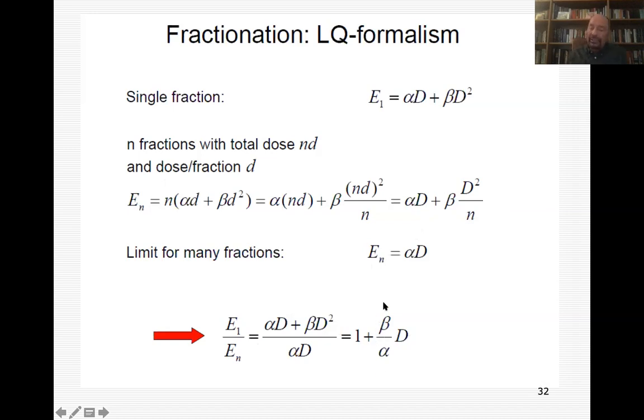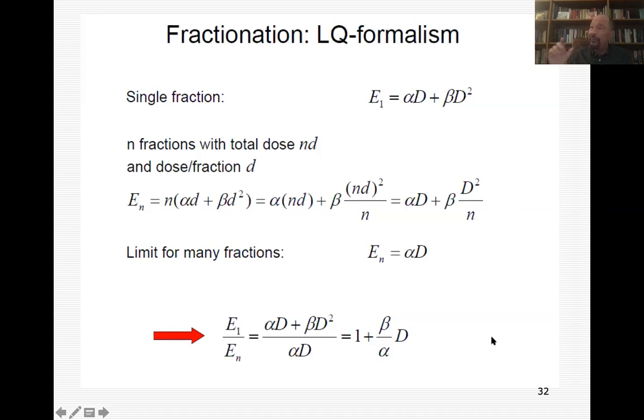So you see how important the alpha beta ratio is. Because if the alpha beta ratio is extremely high, or extremely low, the situation will be completely different. If alpha beta is very high, beta over alpha goes to 0, and then there is no difference between E1 and En.